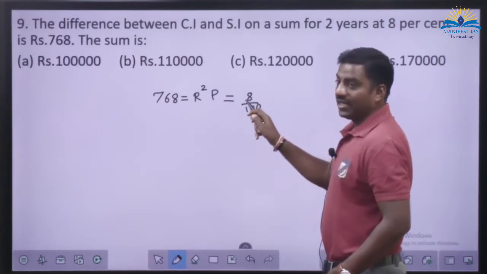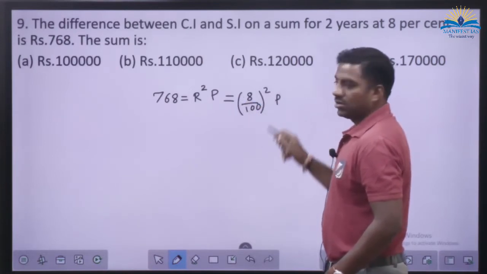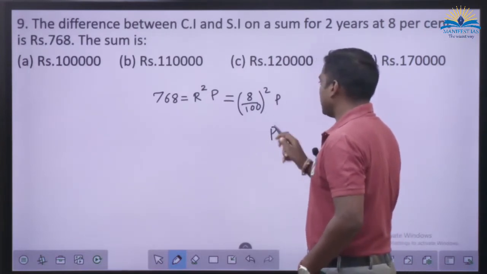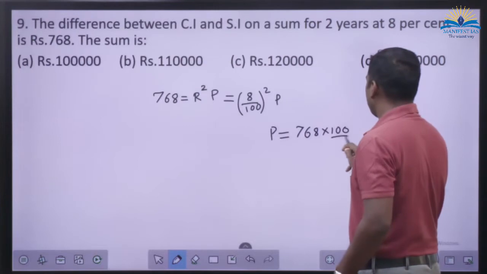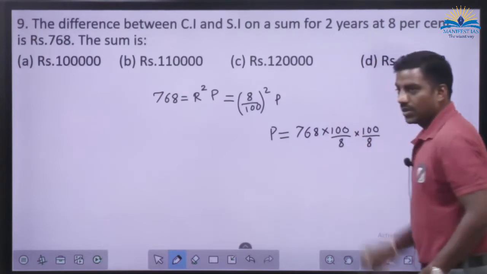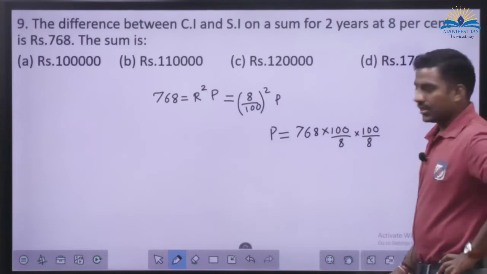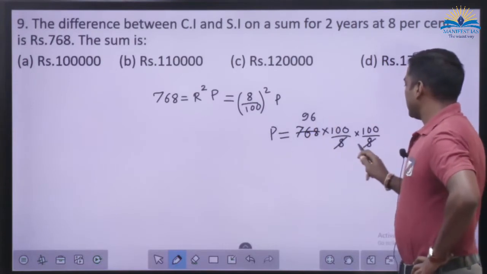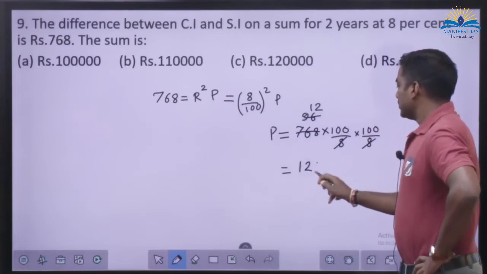Don't write just 8. 8 by 100 you have to write, squared, into P. So P keep this side and shift all the terms that side. 768 into 100 by 8 into 100 by 8. So 8 ones are 8, 8 nines are 72, and 8 sixes are 48, 8 ones are 8, 8 12s are 96. So the principal is 1,20,000 rupees.